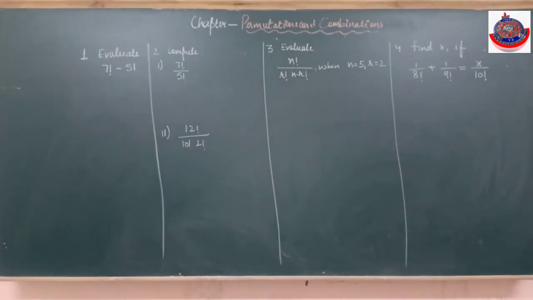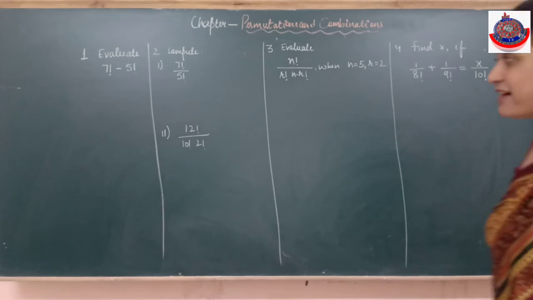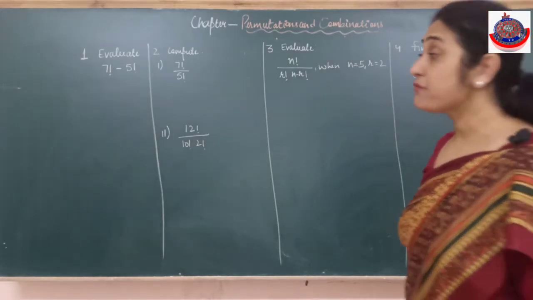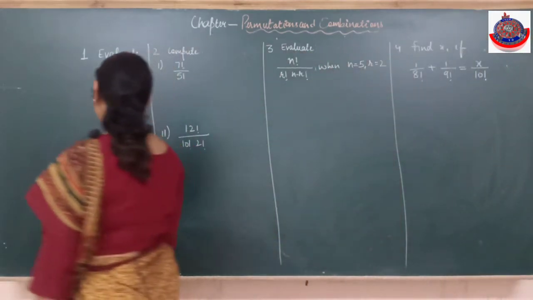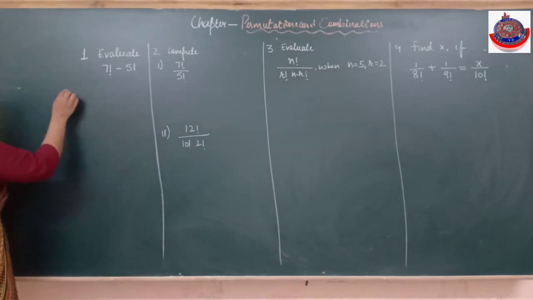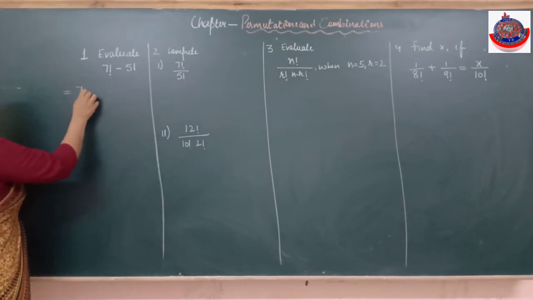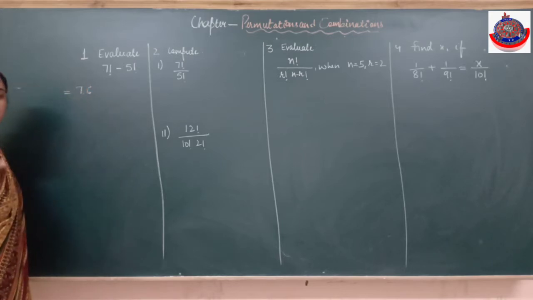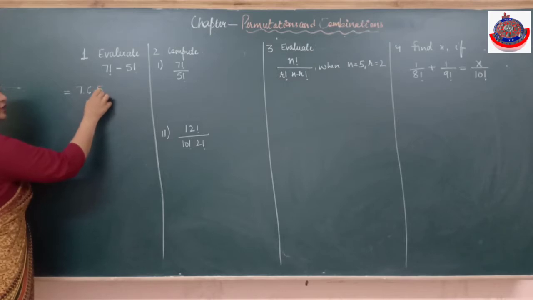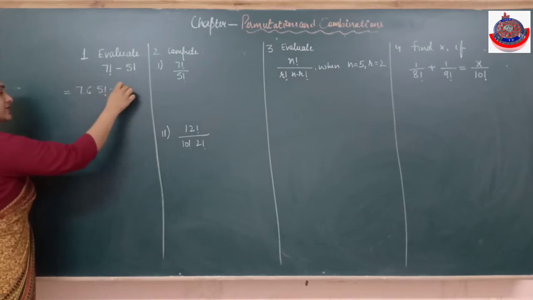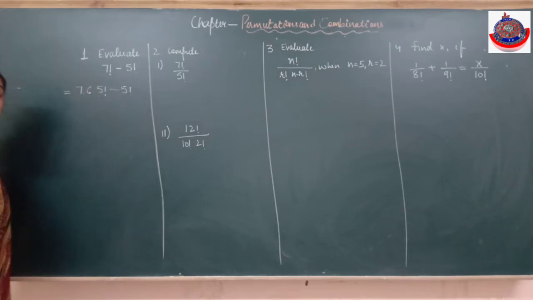Let's make the factorial more clear by taking some examples. The first one: evaluate 7 factorial minus 5 factorial. Now, I know that 7 factorial can be written as 7 into 6 into 5 into 4 into 3 into 2 into 1. So I told you, no need to solve completely. I can write the rest of the numbers as 5 factorial. Can't we do that?